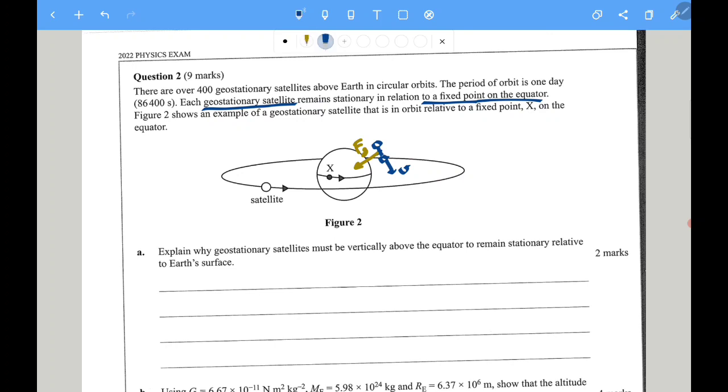That is going to cause this satellite to orbit in almost like a diagonal along the surface of the Earth. I'm not sure if you guys can see that. Maybe a better diagram might be something like this.